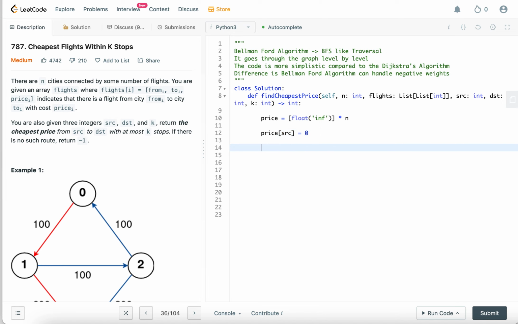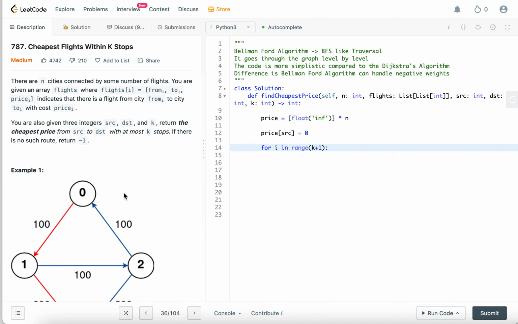And then, as with the Dijkstra algorithm, for this case we're looking for cheapest flights within K stops, right? And K is given to us here. So basically we're gonna do BFS through a loop. It's interesting because it's not our normal BFS traversal way. So for i in range K plus 1.